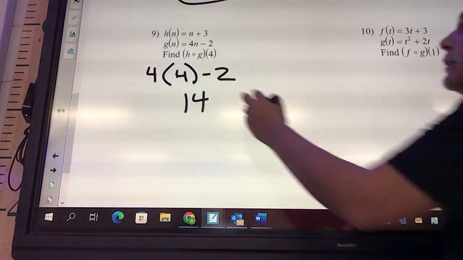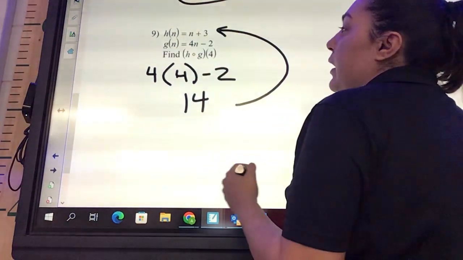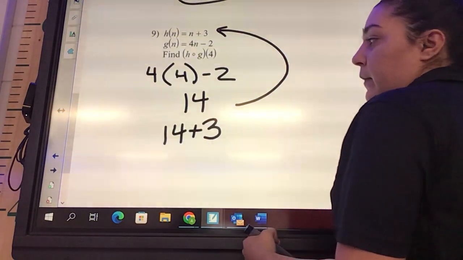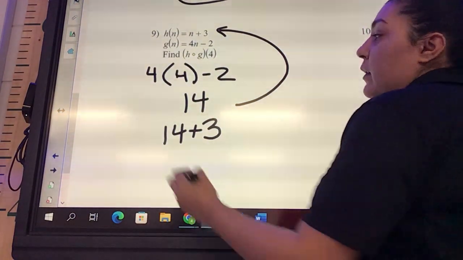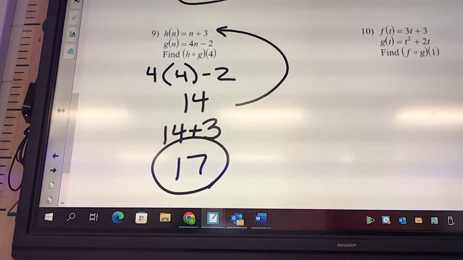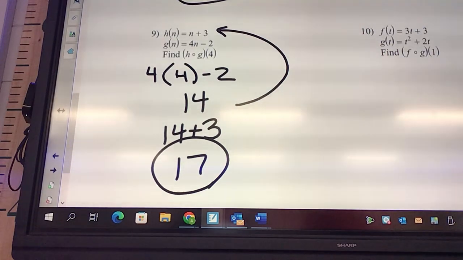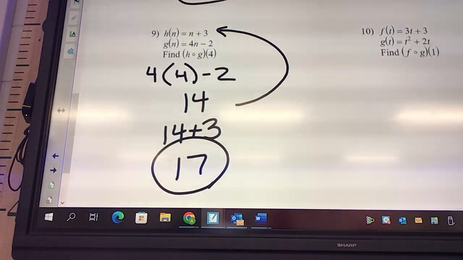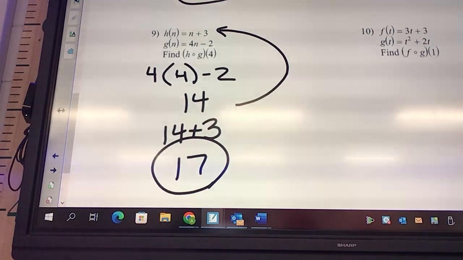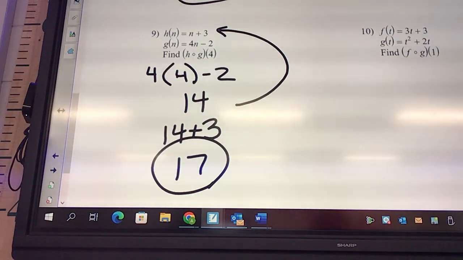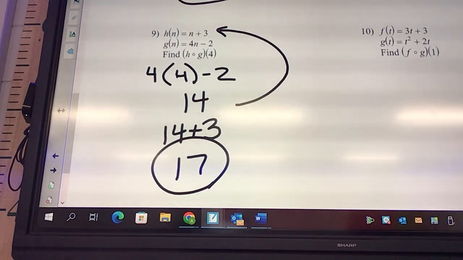We're going to put that into the H. So it's going to be 14 plus 3. 17. Okay, what is my hours? How many hours am I working? 4. Working 4 hours. How much is my paycheck going to be? 17. So if I work 4 hours between both of my jobs, I'm going to have $17.